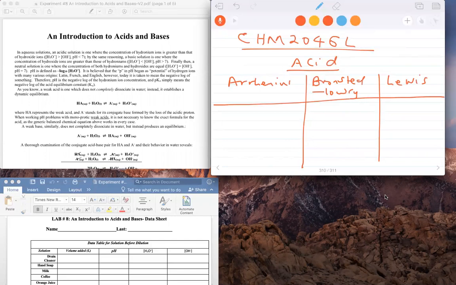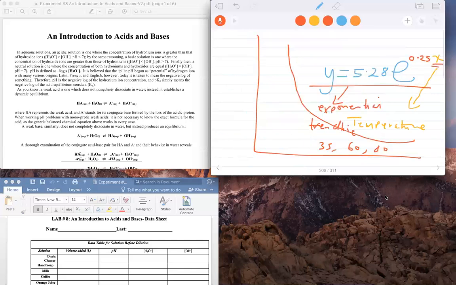Arrhenius is the first person who came up with the definition of an acid, and he simply defined an acid as any substance that produces hydrogen ion when dissolved in H2O. You have to state that it produces hydrogen ion; this is simply a proton donor.